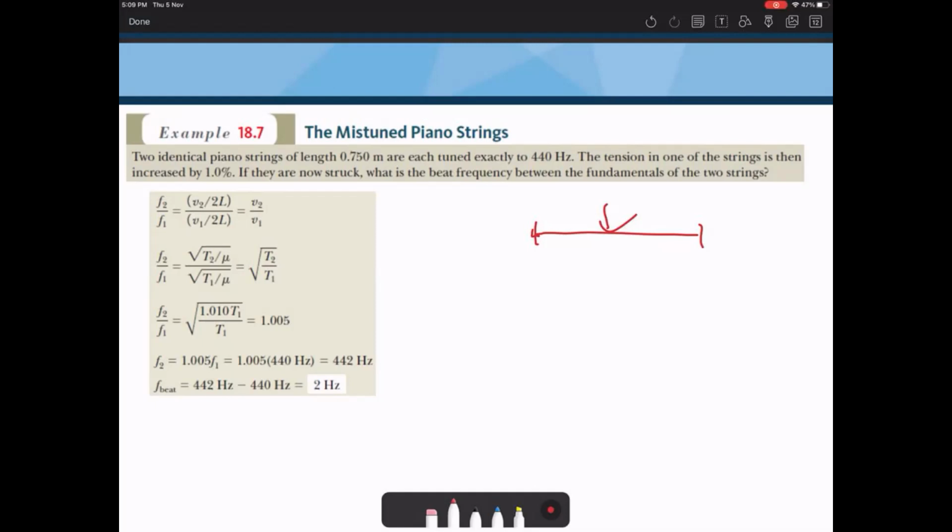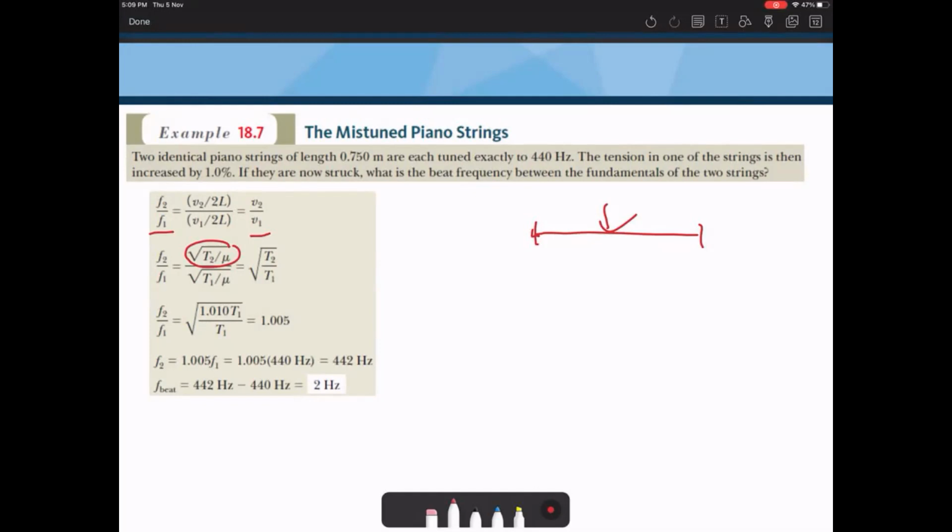And the speed of the sound, as you will see, is related to the frequency of the sound. The speed of the wave in the string is given by the square root of T over mu. So the frequency is related to the square root of the tension.